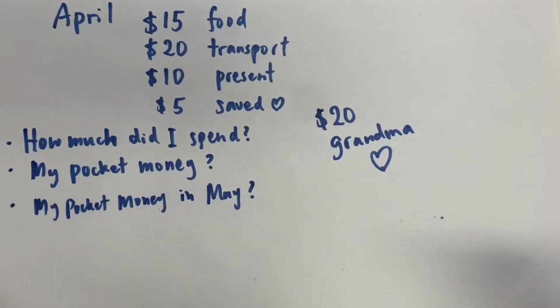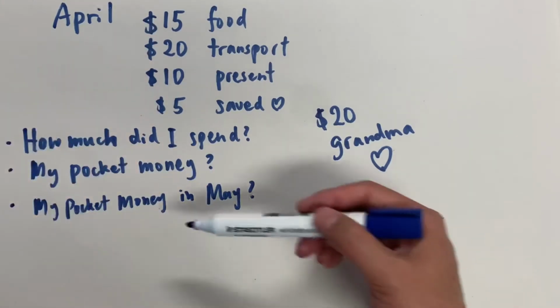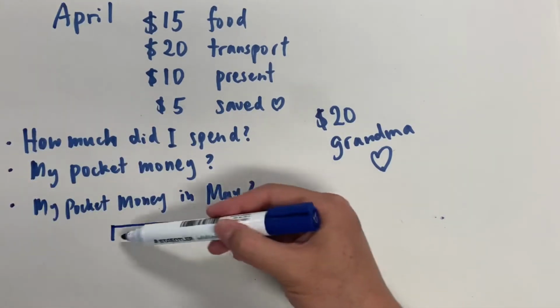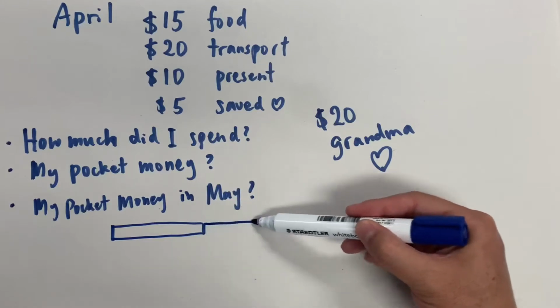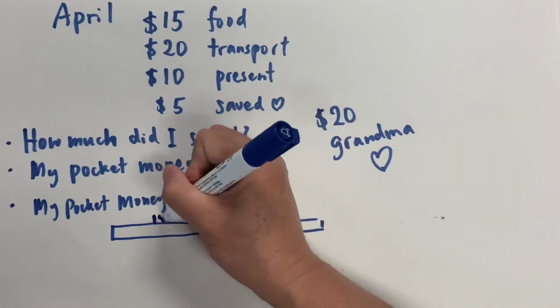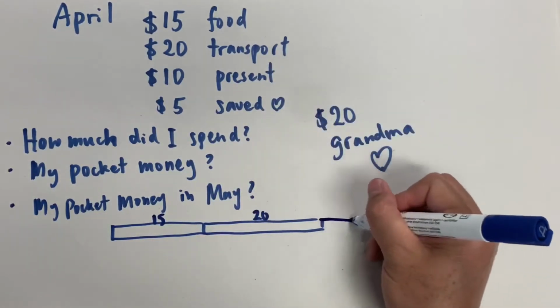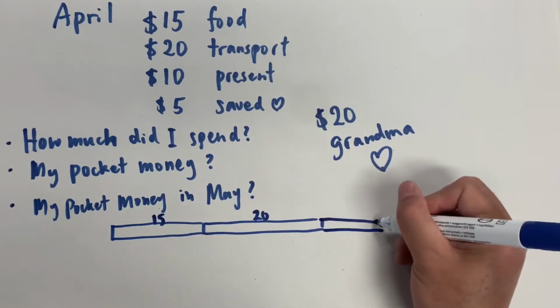So I'm going to quickly draw a bar model for you. How much did I spend? I spent $15 to start with. Then $20, it's a bit more than 15. Then $10 on a present, right?